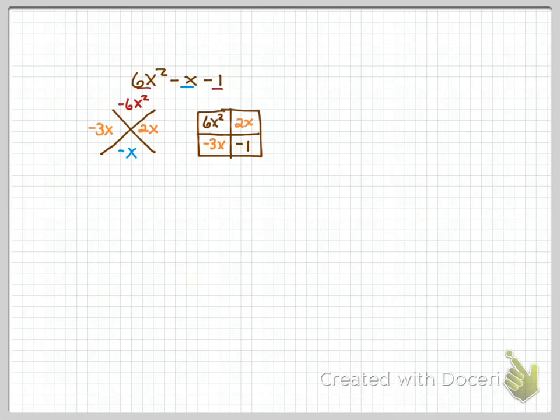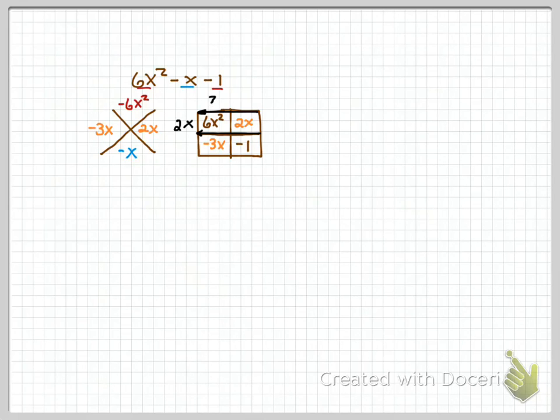And then to figure out the outside of the generic rectangle, I just factor. So if I factor going across this way, it looks like I have an x and I have a 2 that is common, and then I can just fill out the rest of the generic rectangle. 2x times something equals 6x squared.